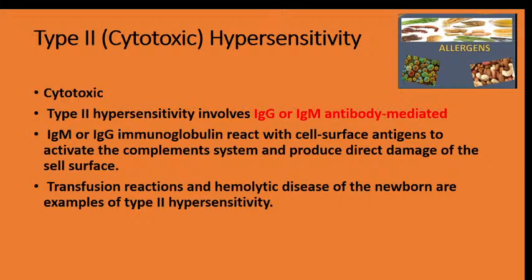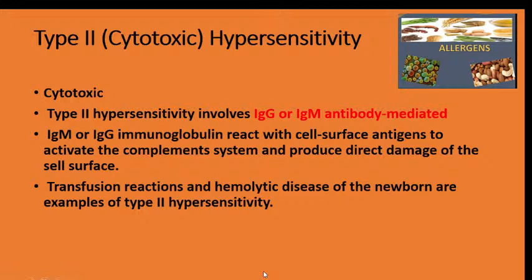These IgM and IgG immunoglobulins will react with the cell surface antigens and activate the complement system. You might have learned about the complement system. This produces direct damage of the cell surface.